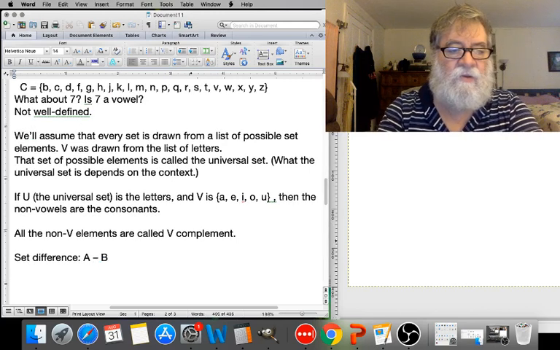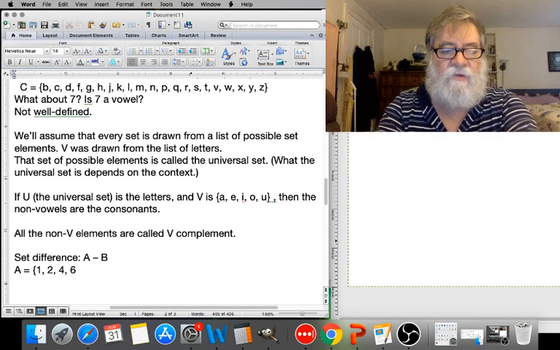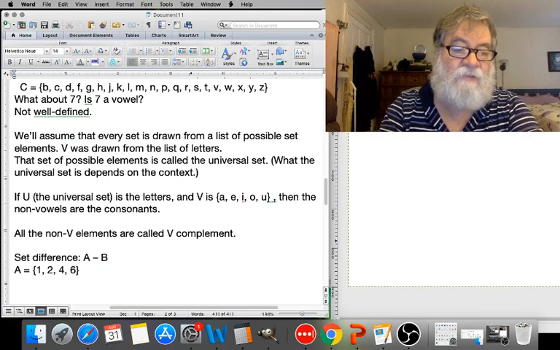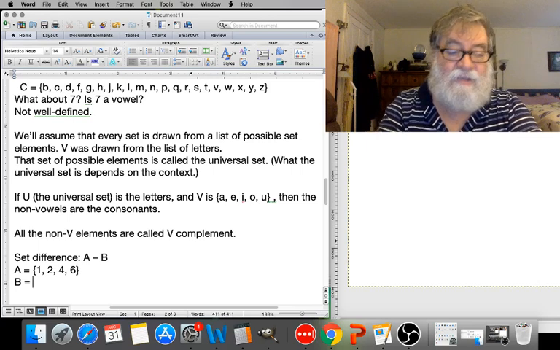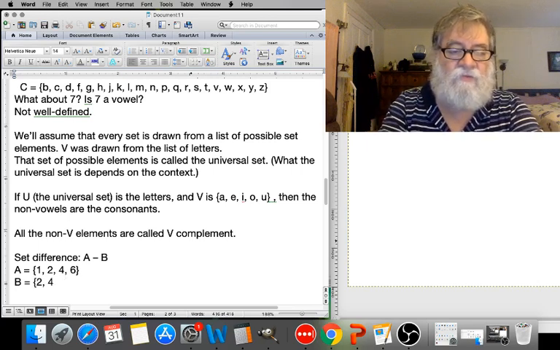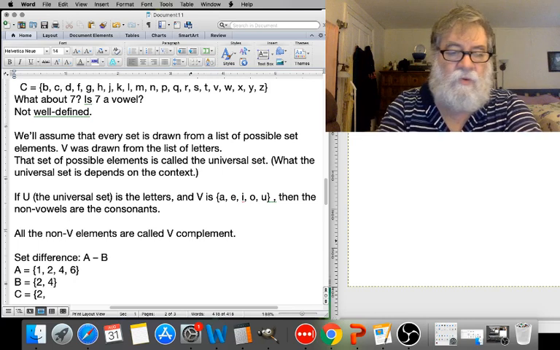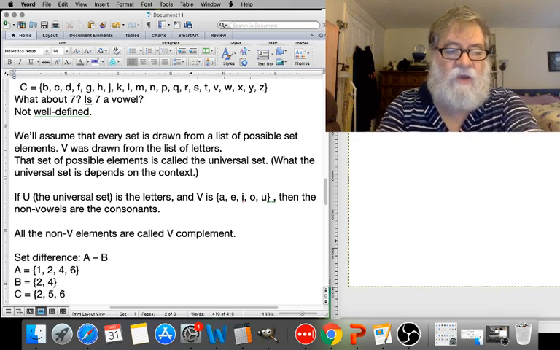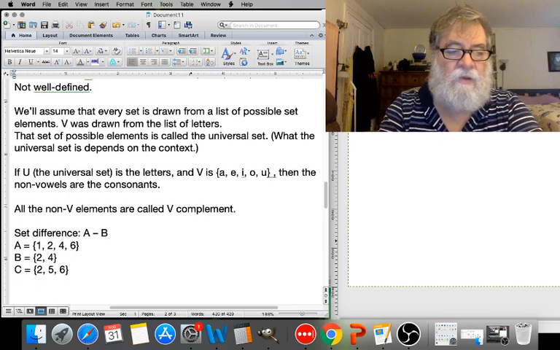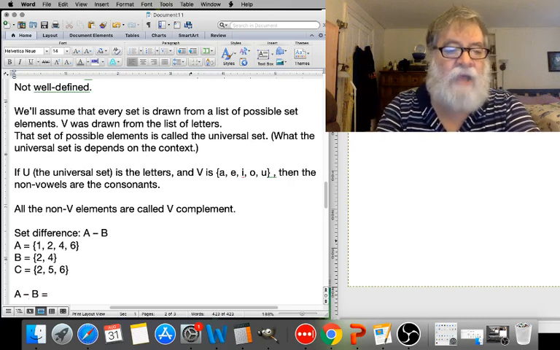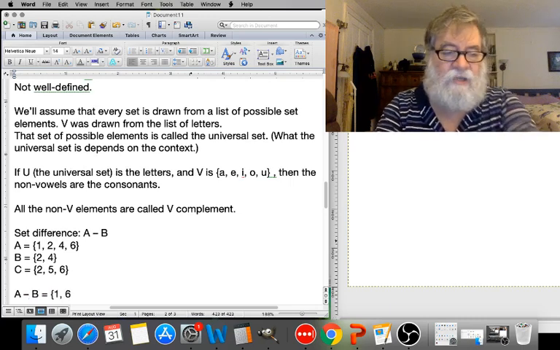Suppose A is 1, 2, 4, 6, and B is, let's suppose, 2, 4, and then C, let's suppose, is 2, 5, 6. Okay, A minus B means you take A and then pull B out of it, so you'd only end up with 1 and 6.